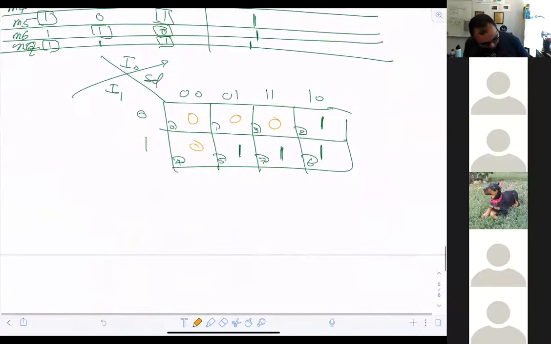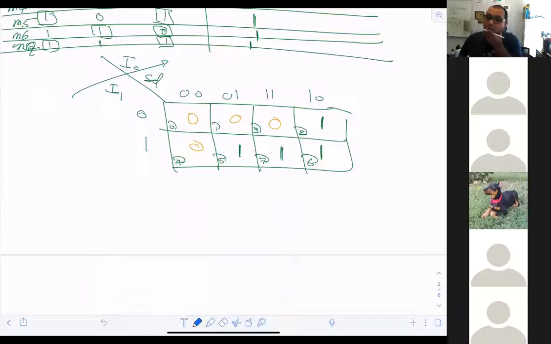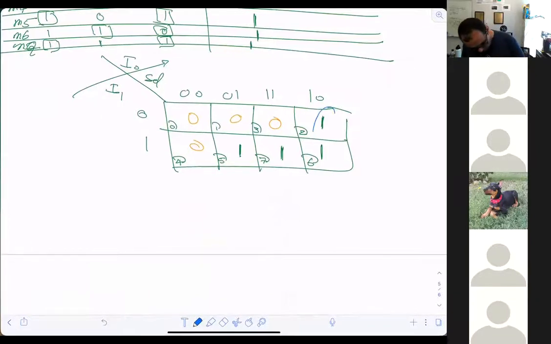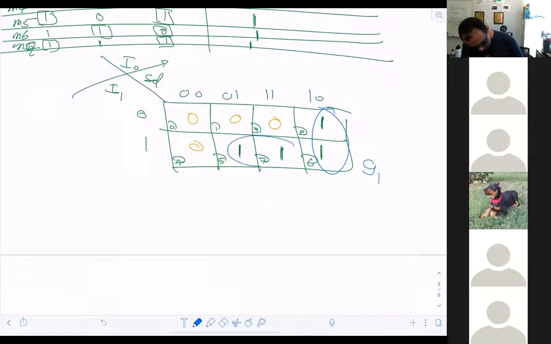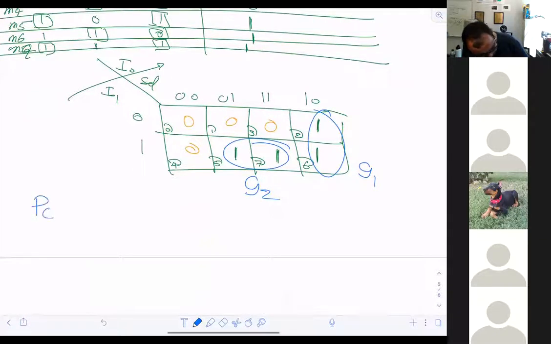How many groups do I have? 2. Let's do it. So group 1. Group 2. So P as a function of select, I1 and I0 is equivalent to group 1 ORed with group 2. Do you agree?